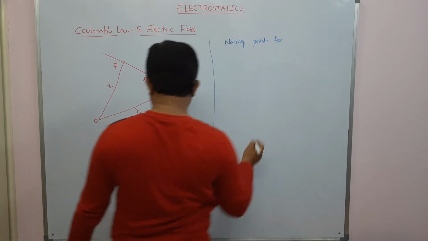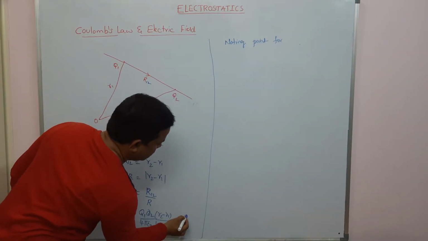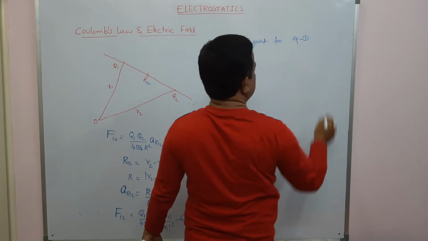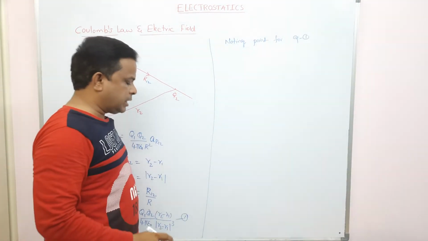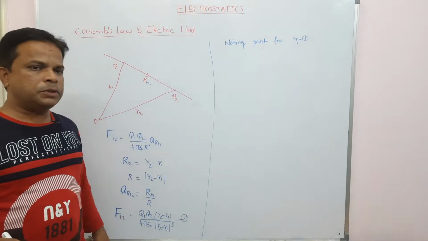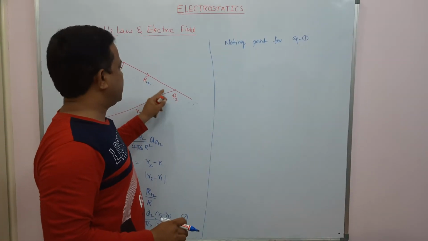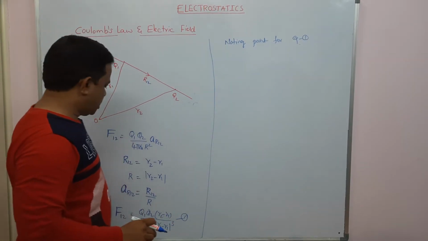Let me take this as equation 1 for the time being. As we have said, the force F12 is calculated on this one due to this one; we can take the reverse also, that is F21.